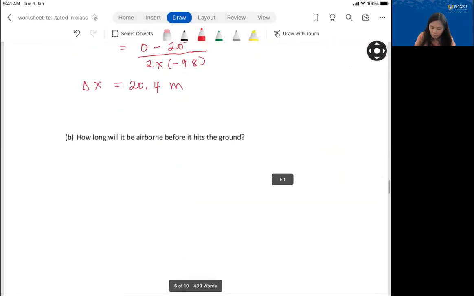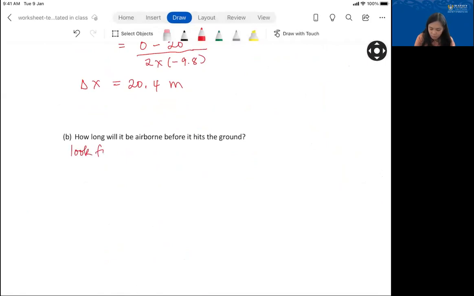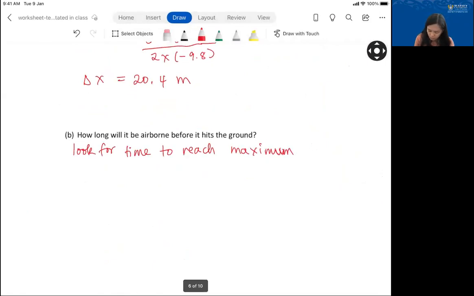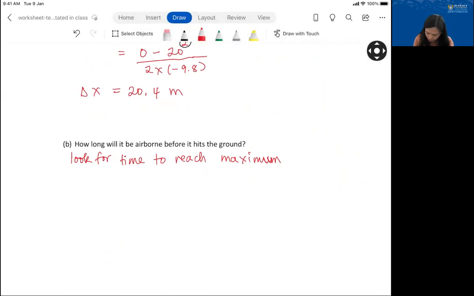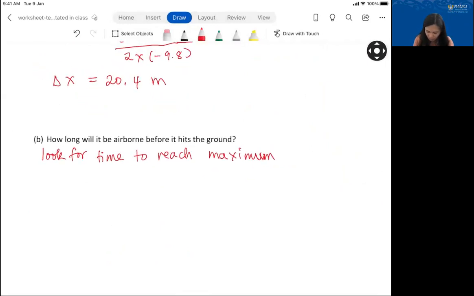Okay. So, time to reach maximum height. So we can now use delta x 20.4 meters from before.